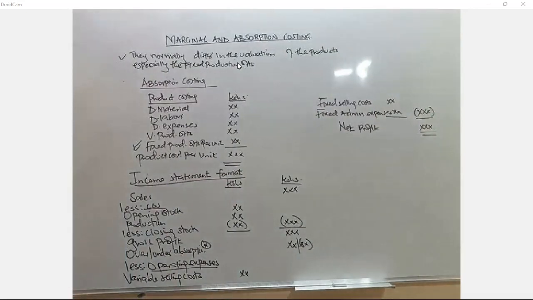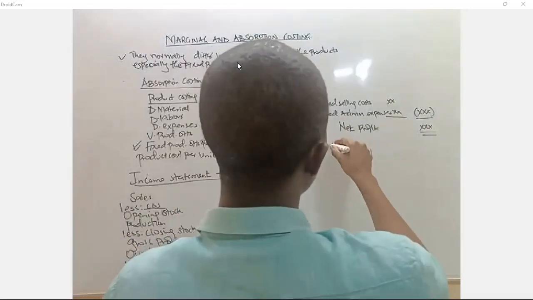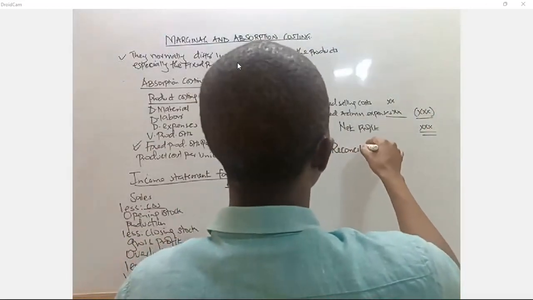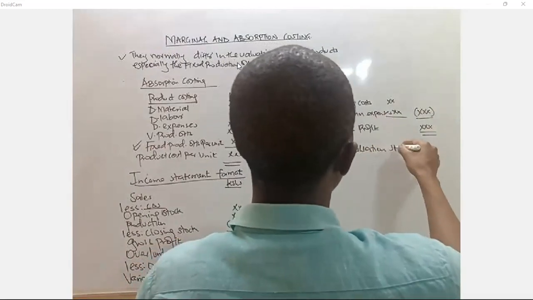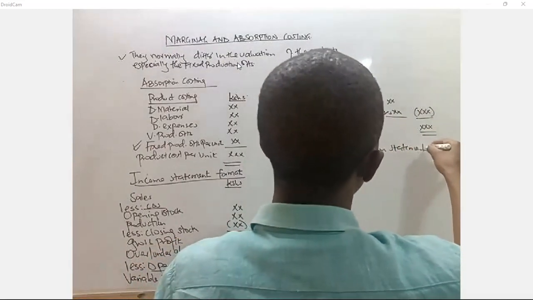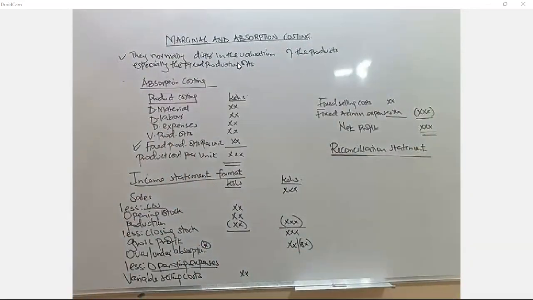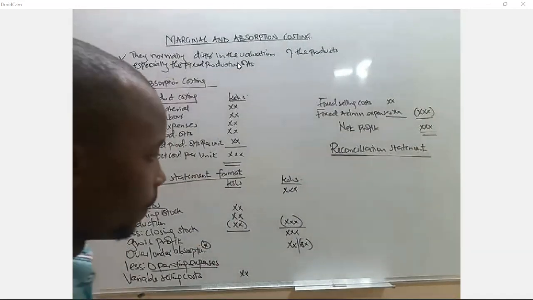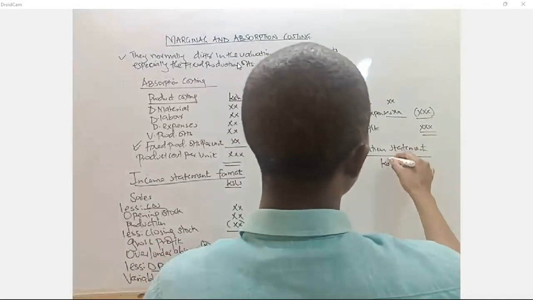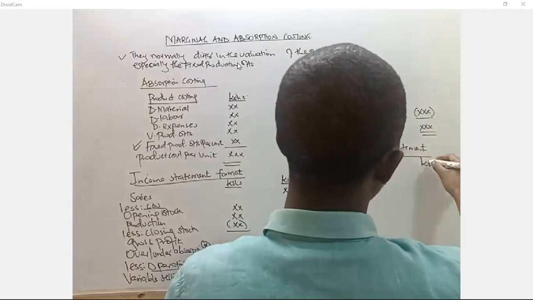Now, after doing this, I can do something called a reconciliation statement. You need to reconcile your statements and be able to explain the differences in the answers you get when you're using the two methods. So let me have Kenya shillings here and another one here.